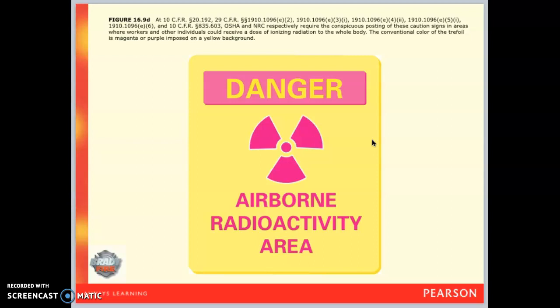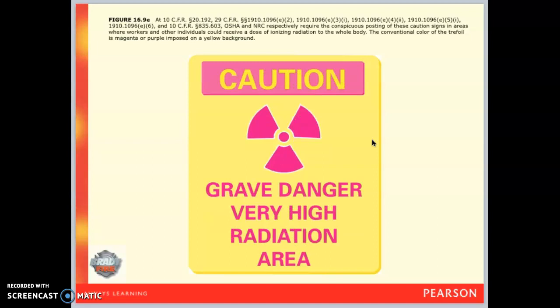So we have to be extra careful in those kinds of areas, and especially if we have something that's airborne. Then we're talking about much different kinds of personal protective equipment. We're talking about self-contained breathing apparatuses. We're talking about those kinds of things to keep the workers safe in those areas.